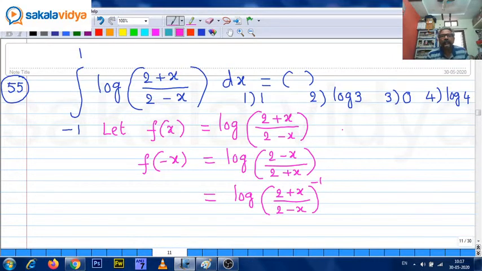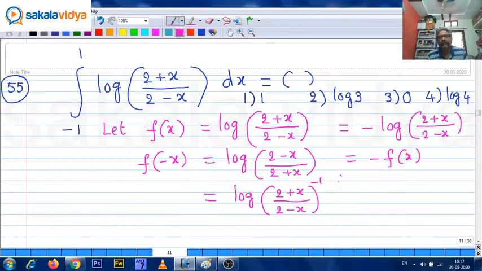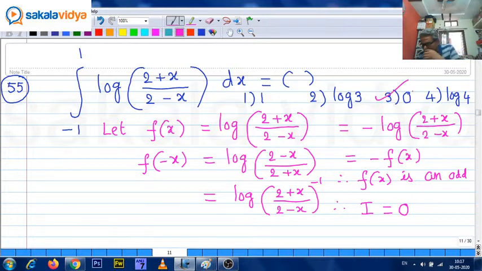Using the power rule, this we can write as minus log of 2 plus x upon 2 minus x, which is equal to minus f of x. Therefore, f of x is odd. So obviously the integral becomes 0. That means the third option is the right option.